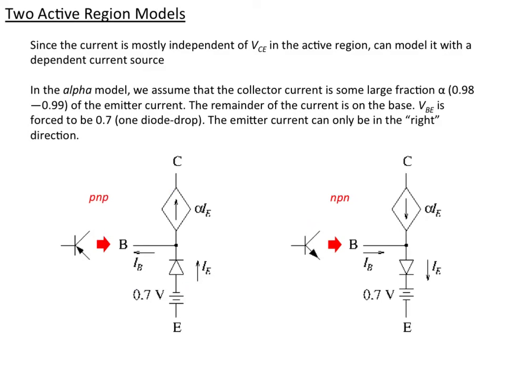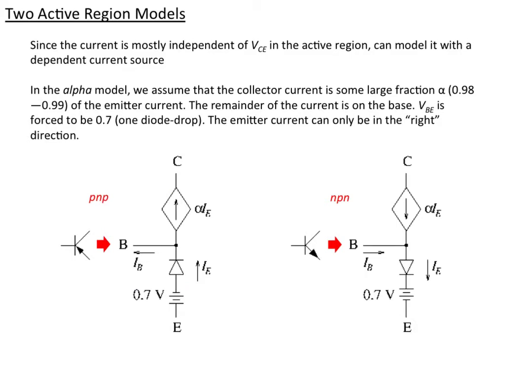So we're going to model what goes on in the active region with 2 models. They're almost the same. We just move some parts around. Because in the active region, the current is independent of the voltage between the collector and emitter, we think of another case where the current is independent of the voltage, and that's a current supply.